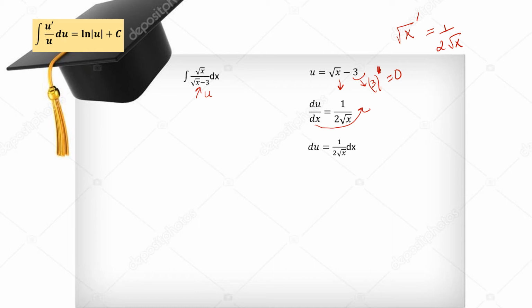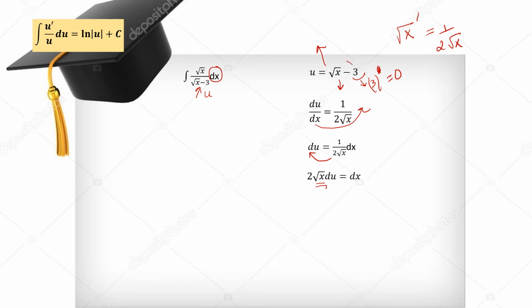Now we need the value of dx. So better to bring the 2 square root x, which is dividing, on the other side to make it multiply. So 2 square root x du equals dx. Now as we all know, du and dx cannot be written together, so just find the value of this root x from the starting equation, where u equals root x minus 3.